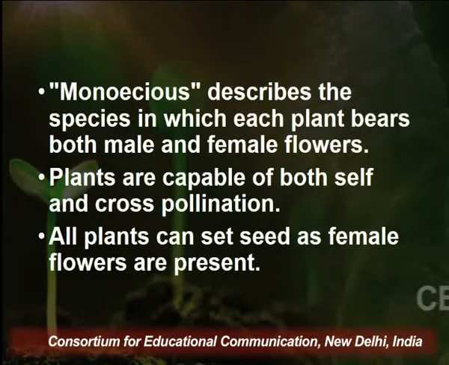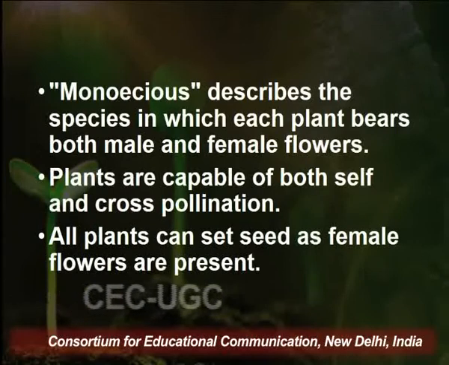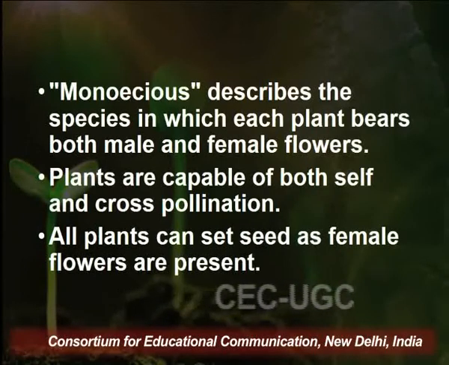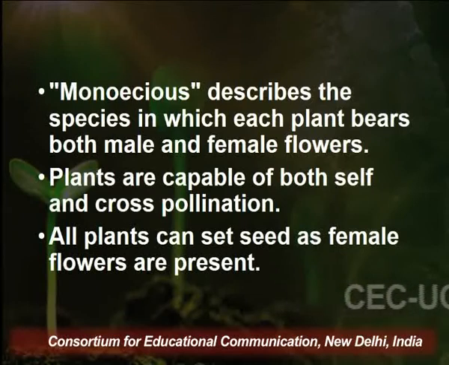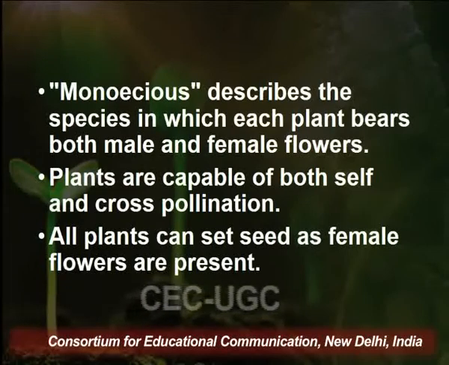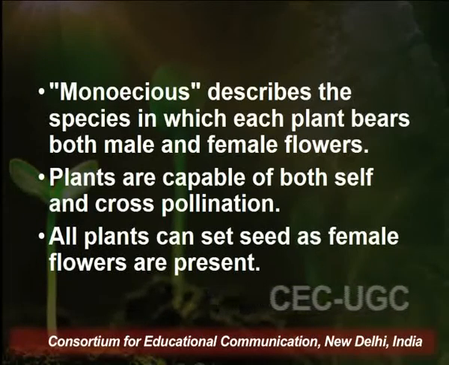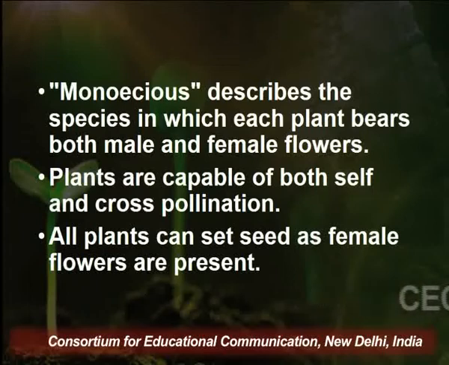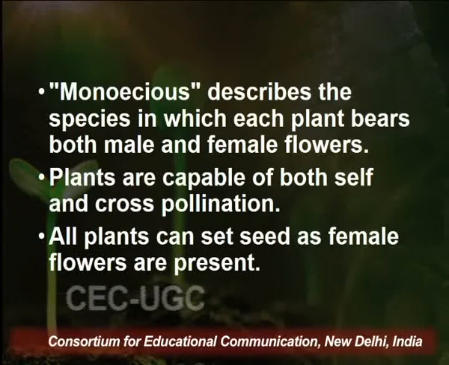On the other hand, the term monoecious has a description where each of the plants is going to bear both male and female flowers. Please do not confuse this with a flower having both sexes. In that case, it would be a bisexual flower or a perfect flower.